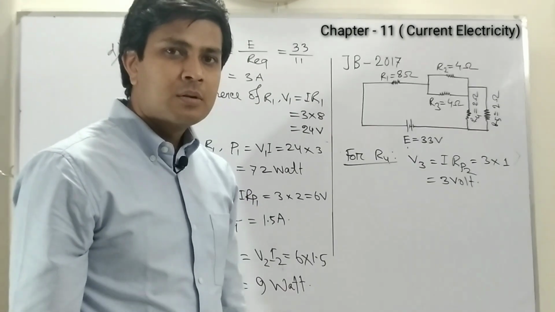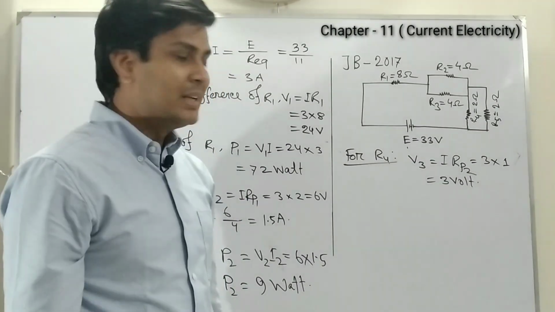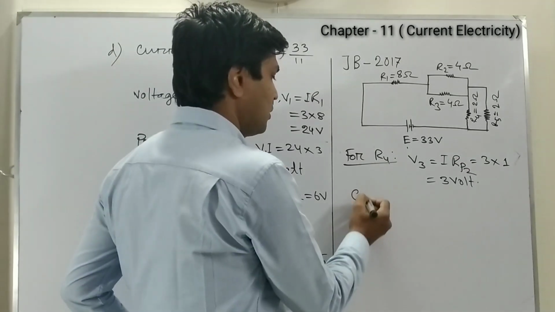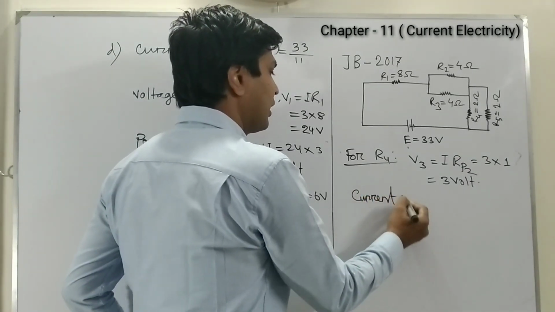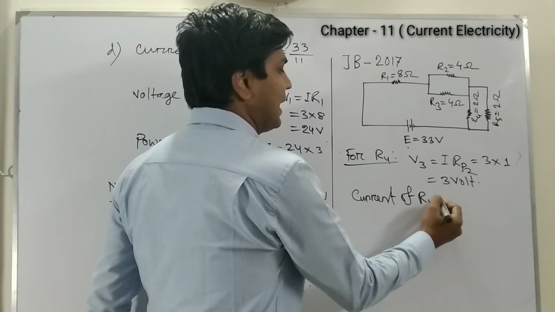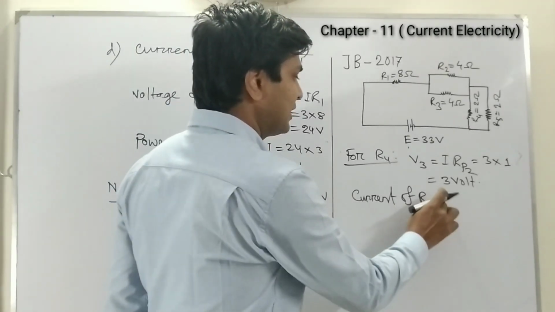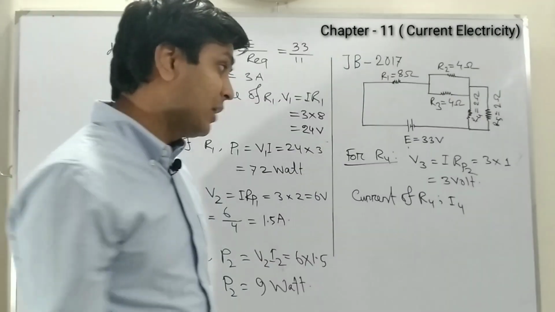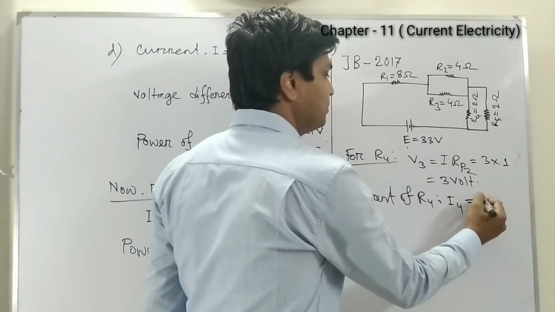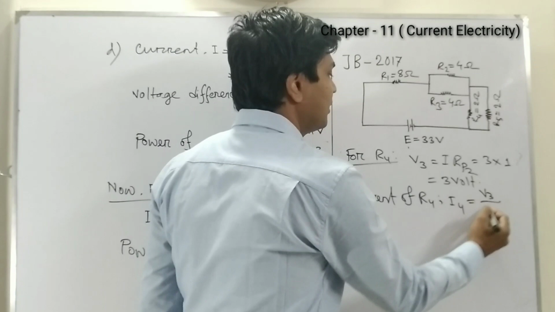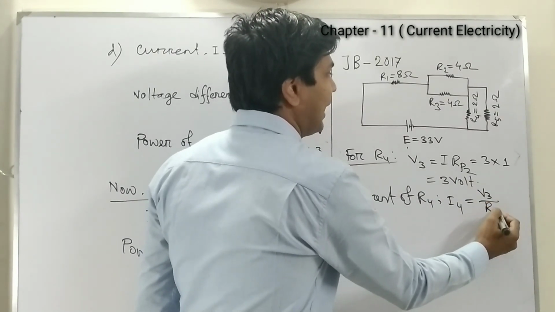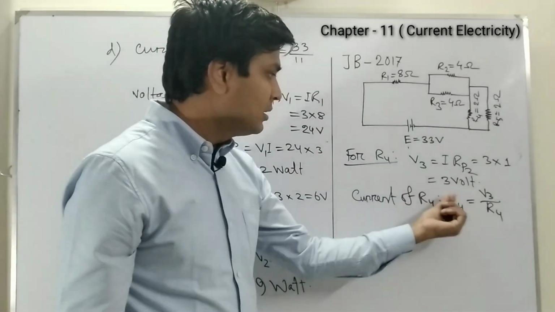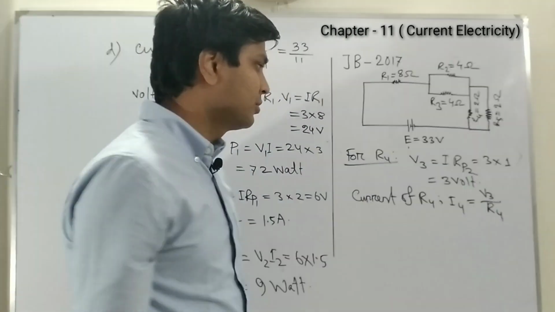Now we have to calculate the current passing through R4. We consider the current of R4 as I4, and the formula is I equals V3 divided by R4.